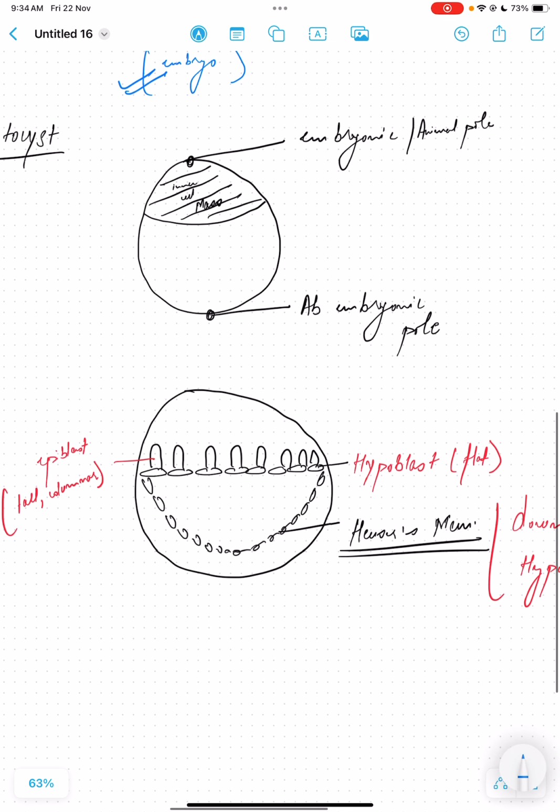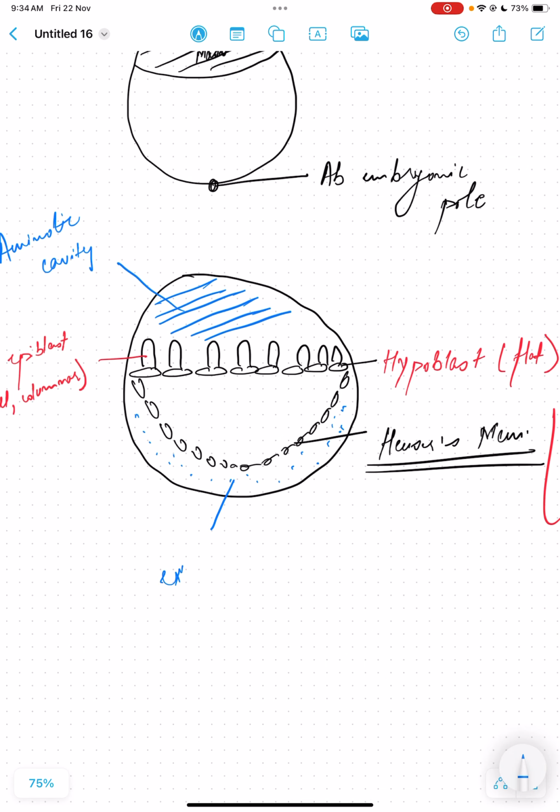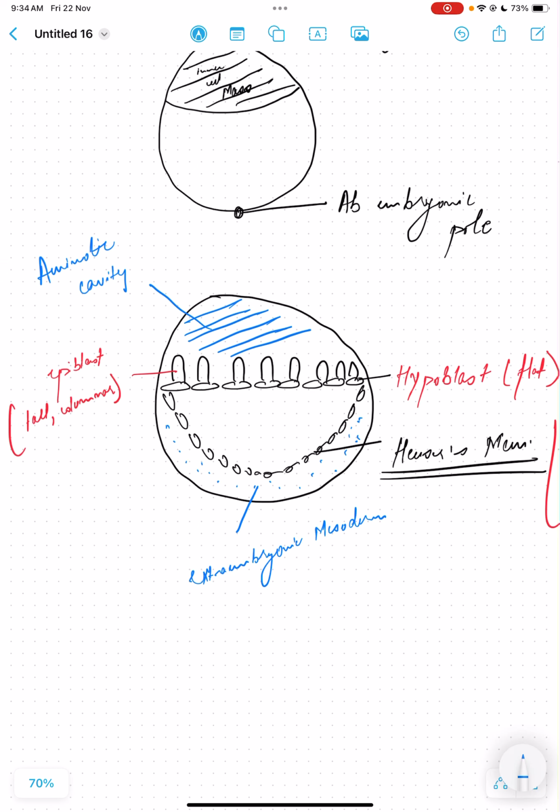Above the epiblast, this space or area is called the amniotic cavity. The space below the Heuser's membrane, which is outside of it, is called extra embryonic mesoderm, and the space inside the membrane is called primary yolk sac.